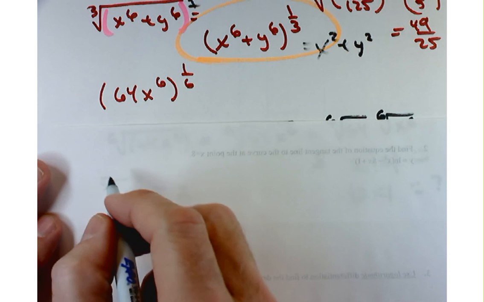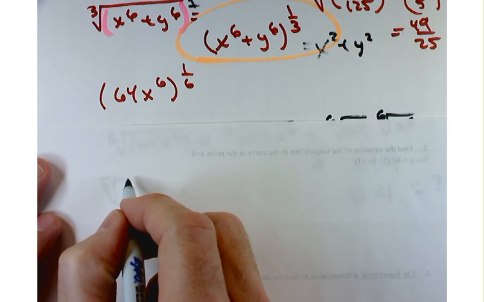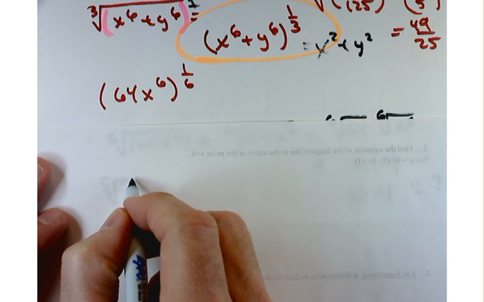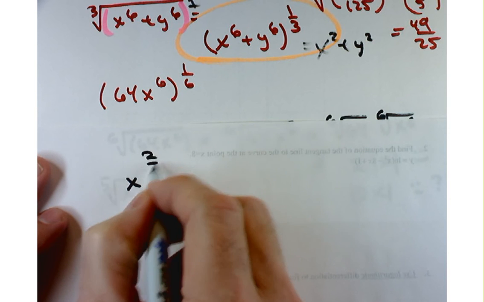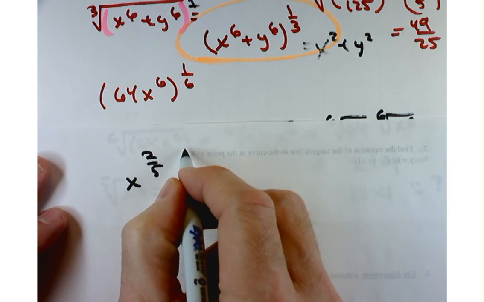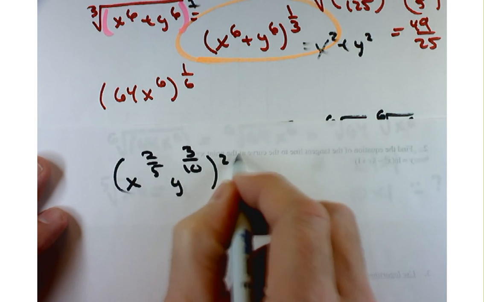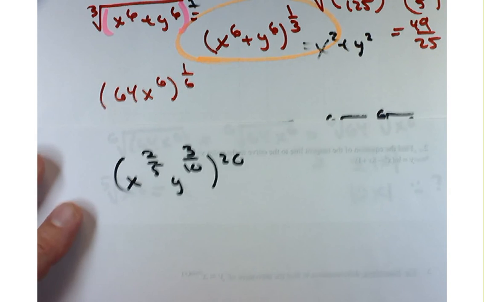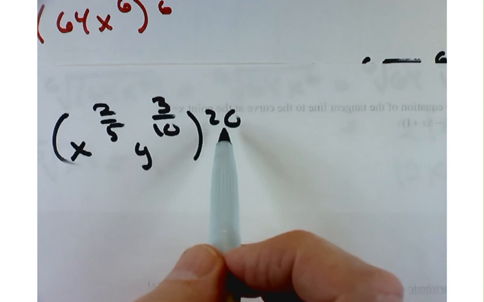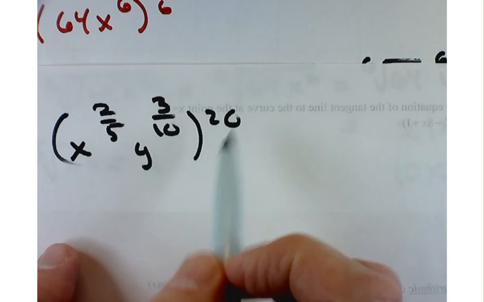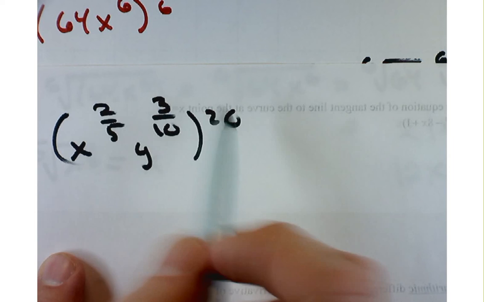One last one kind of like that you're going to see in the homework. X to the 2/5, y to the 3/10 raised to the 20th. What happens when I remove the parentheses? What does this exponent on the outside do to the exponents on the inside?